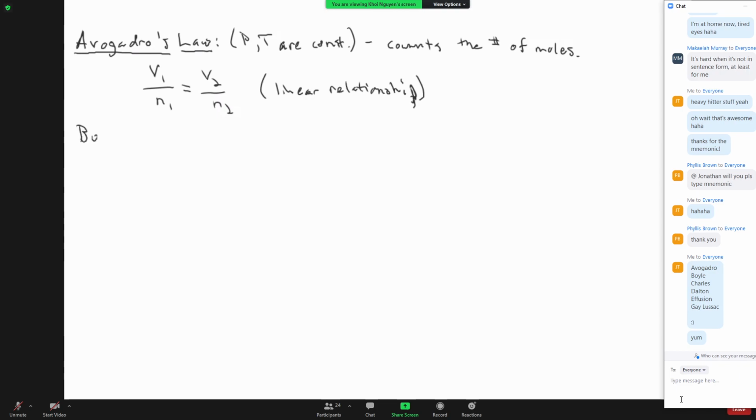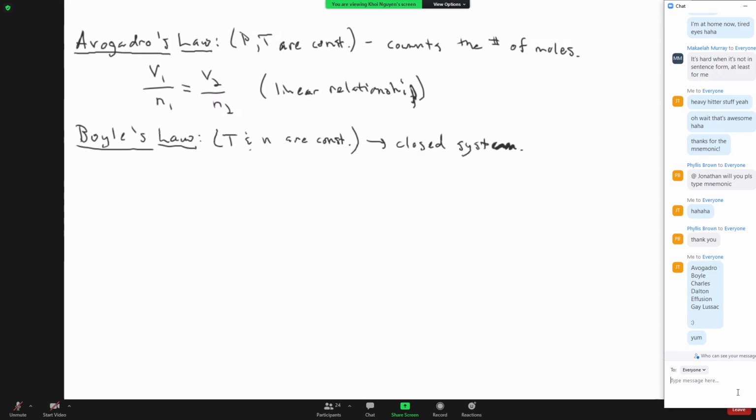B for Boyle's law. For Boyle's law, temperature and number of moles are constant. So how do we fix the number of moles to be constant? We have a closed system.